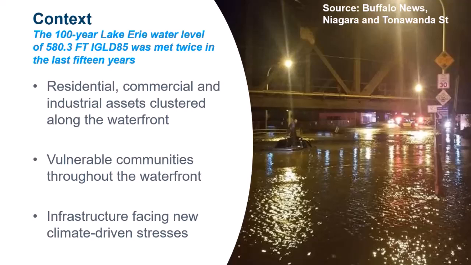And we'll get into that in a little bit more detail, of course. But this flooding is driven predominantly from storm surge from Lake Erie. There's also many vulnerable communities along the waterfront, and a lot of the infrastructure along the waterfront is either aging or in need of retrofit and upgrade to meet new climate-driven stresses and demands.